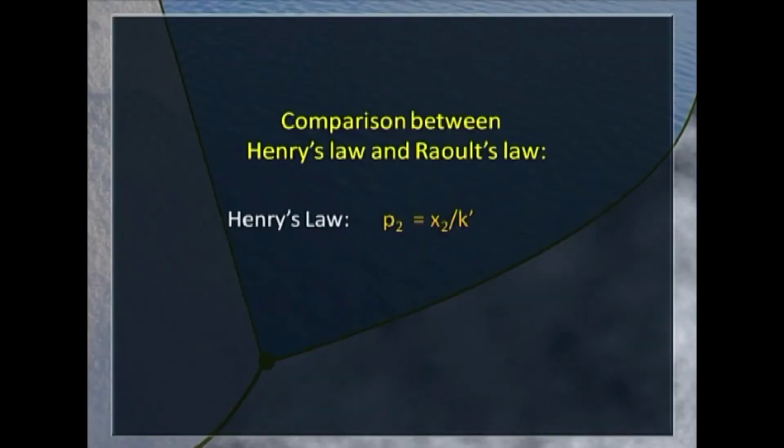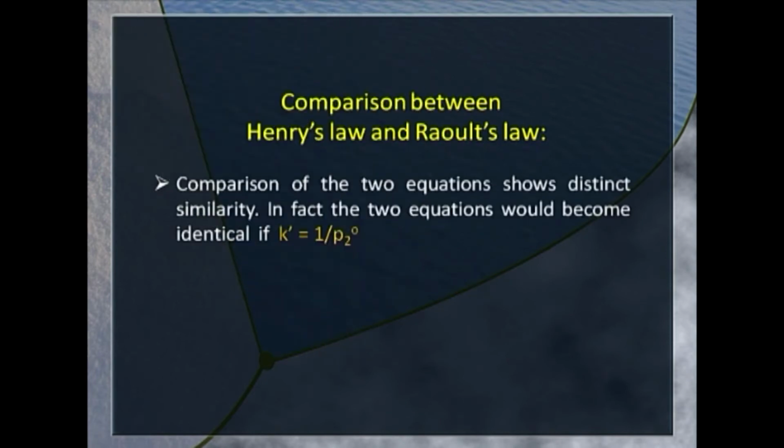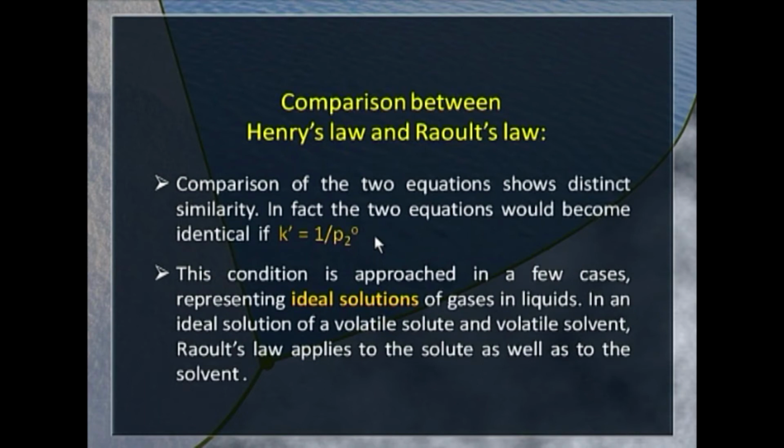We can make a comparison between the two because they apply to similar systems. Henry's law, we have put it P2 is equal to X2 upon K prime, and Raoult's law, P2 is equal to X2 into P20. So comparison shows us that the two laws become identical if we put K prime equal to 1 upon P20. So this condition is approached in a few cases representing what are called ideal solutions of gases in liquids.